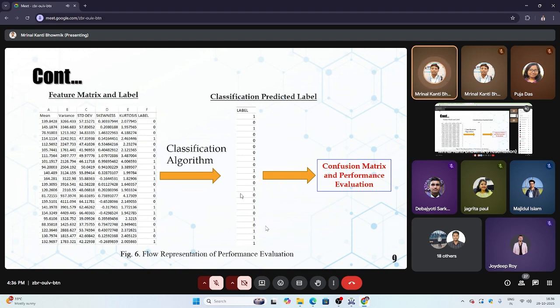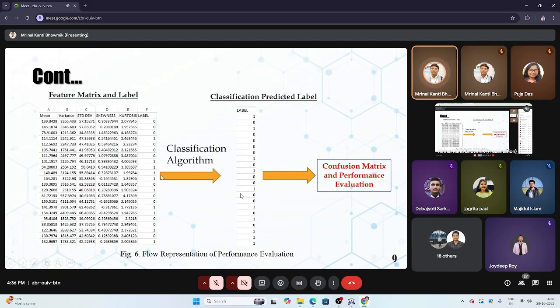Suppose we have extracted certain features, that is mean, variance, standard deviation, skewness, and kurtosis, from each segmented nucleus region, and we assign certain class labels. Class label 0 means it is a normal class, and class label 1 means it is an abnormal class. The label given here is actually the ground truth label.